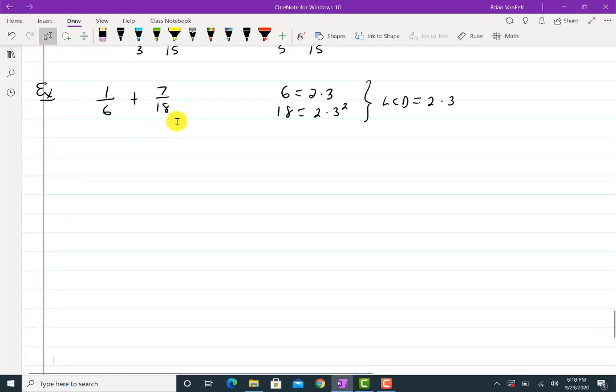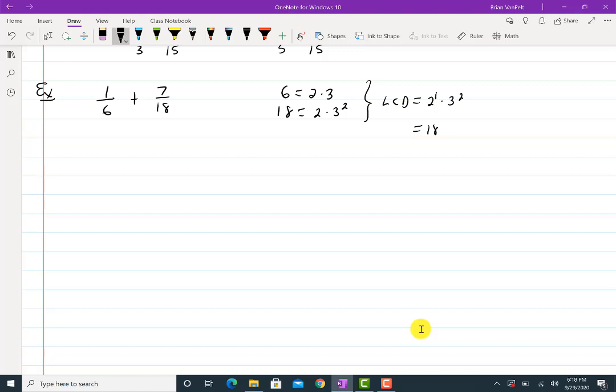Notice the highest power that you see anywhere on 2 is to the 1 power, so that's all I will need there. The highest power of the 3's that you see anywhere is this 2, so I'll need it to the 2nd power, and that equals 18.